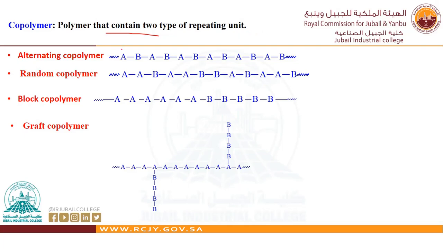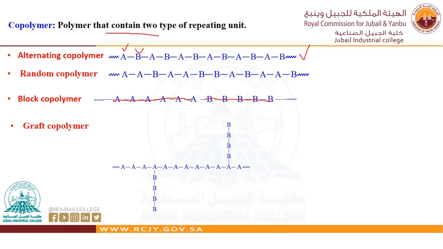You can have an ABAB arrangement, and that is called an alternating copolymer, or you can have a random arrangement, which is called a random copolymer, or you can have a number of one unit connected together followed by another unit connected together.